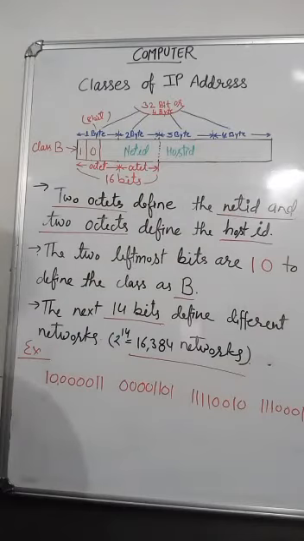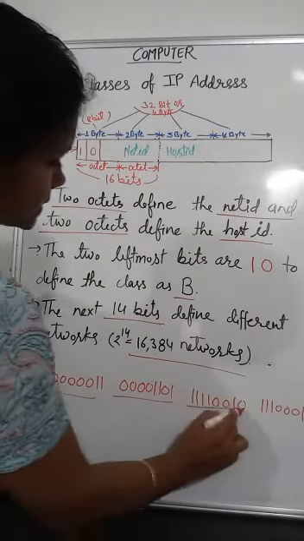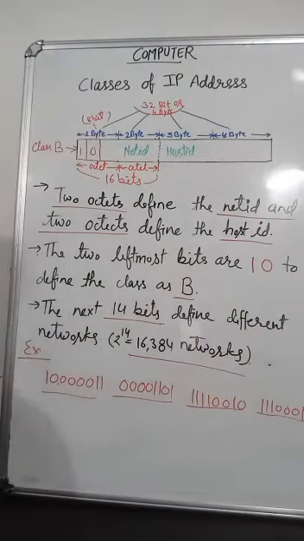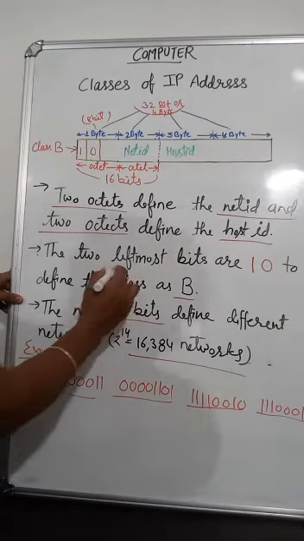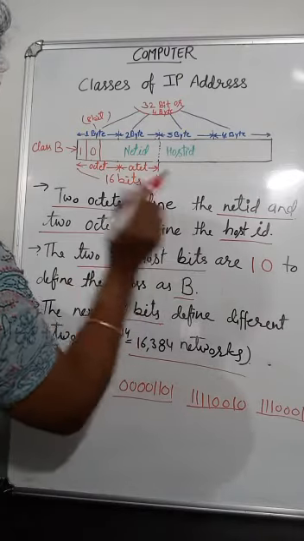These are the 4 octets. We see how to identify the class by checking the two leftmost bits.